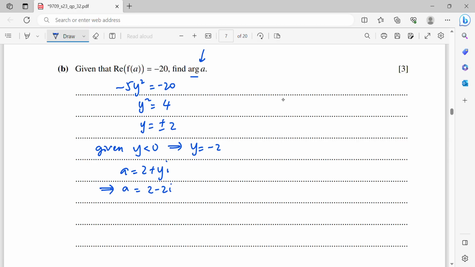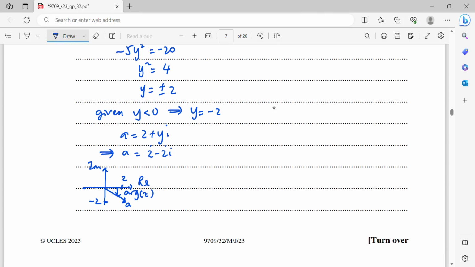Then now to get this argument, I will draw the complex number. Your real part is 2. Imaginary part is minus 2. That means this is my argument. And this is my complex number A. This is the imaginary axis. This is the real axis.